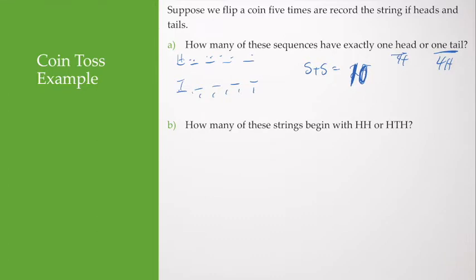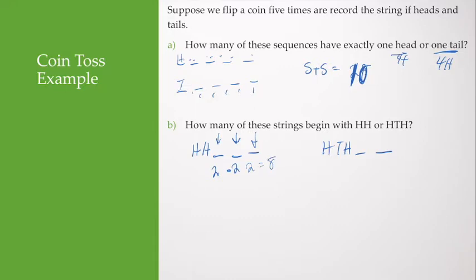Next, I want to know how many of these strings begin with 2 heads or heads, tails, heads. So how many strings could be heads, heads? I've got heads, heads, and then I have 3 blanks, or I have heads, tails, heads, and 2 blanks. I've got 2 choices for the 3rd entry, 2 for the 4th, and 2 for the 5th.